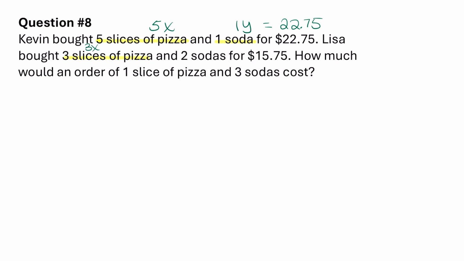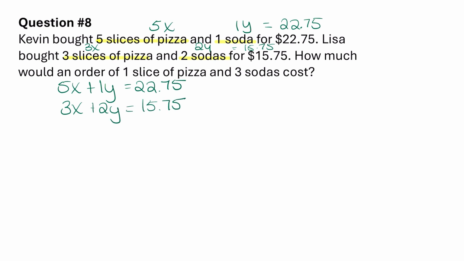And then I have 2 sodas, so that would be 2y. And that equals 15.75. So if I was going to write this as a system of equations, I'd have 5x plus 1y equals 22.75. My second equation would be 3x plus 2y equals 15.75.